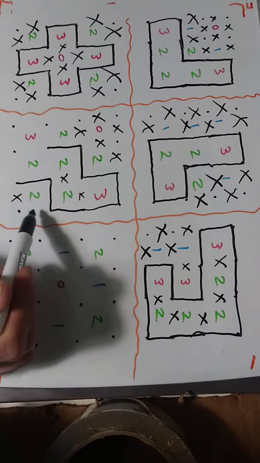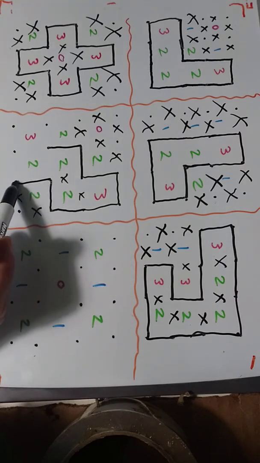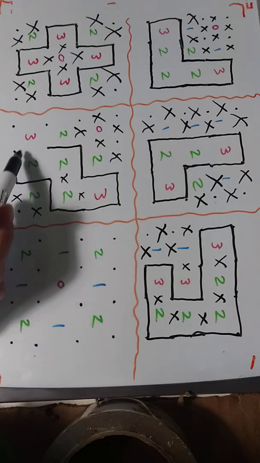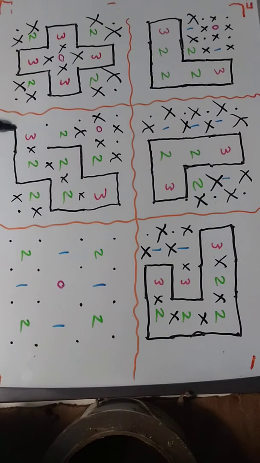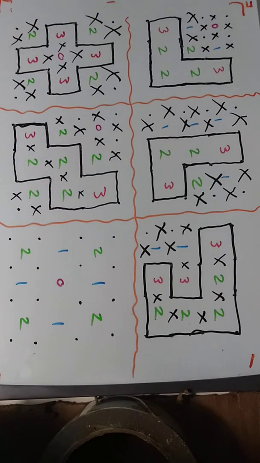There's the 2. We don't need those. Here's our second line. We don't need these 2. Then we're left with 3 to close the loop. And we have our 1, 2 lines around this 2. And we're done, and we're left with one more.